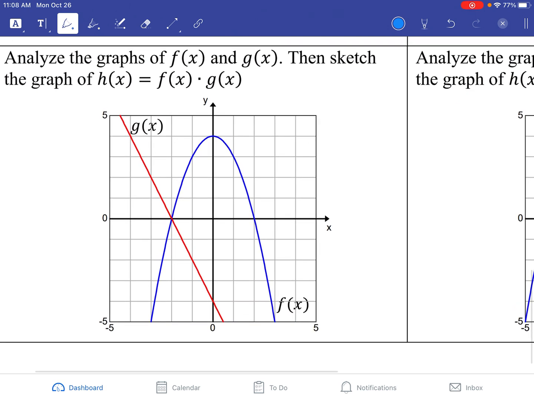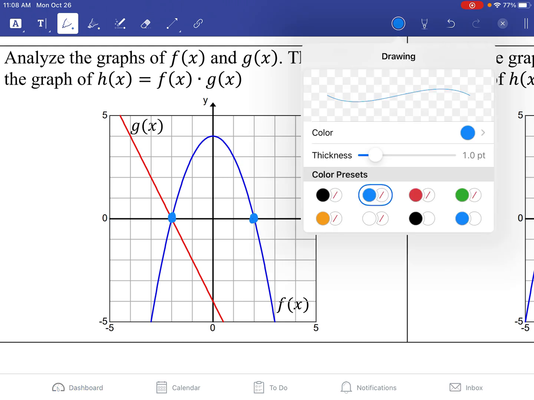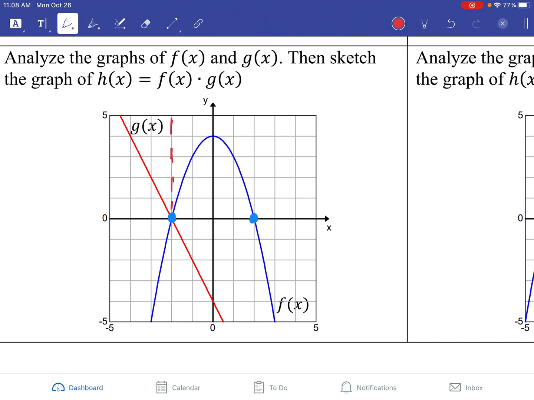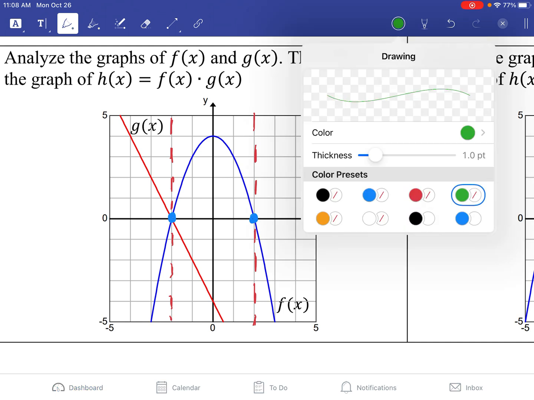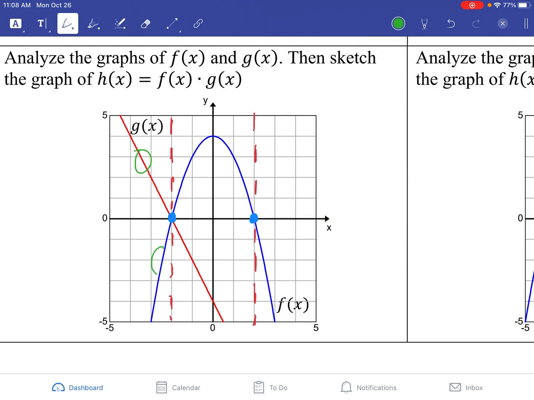All right, so in this case, again, we're going to look at the points where they cross the x-axis. So they both cross at that spot, and the other one crosses right here. Okay, so we're going to make our regions. Okay, so in the first region, we have a negative and a positive.